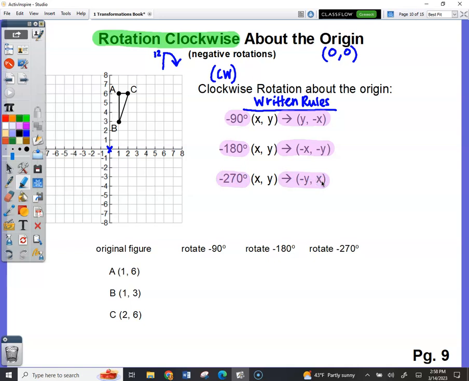Now let's talk about how to read the rules. Remember, the negative in front doesn't mean turn it negative. It means, do you remember? Hint, it's in one of the reflections pages. What did the negative in front of the rule mean?